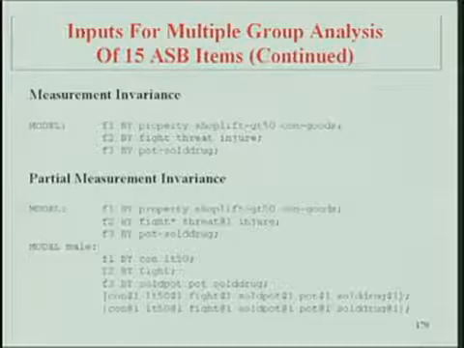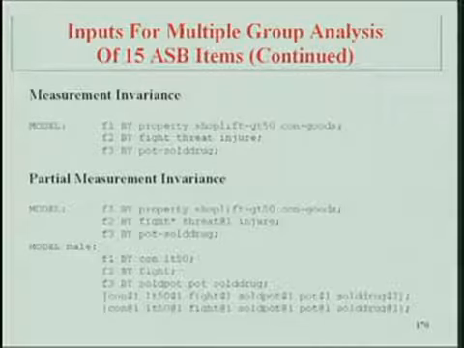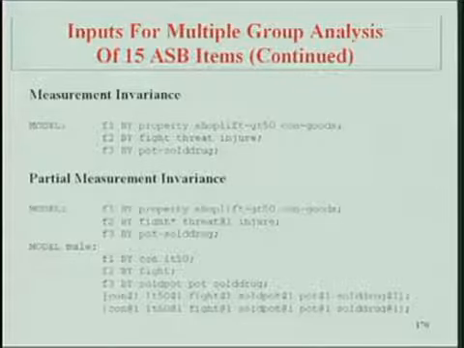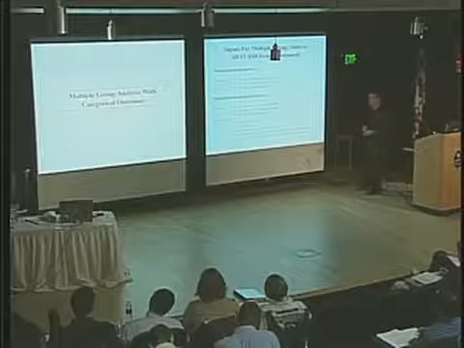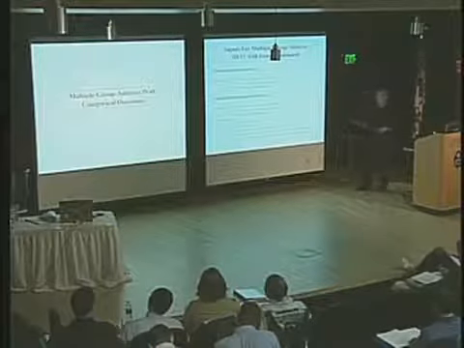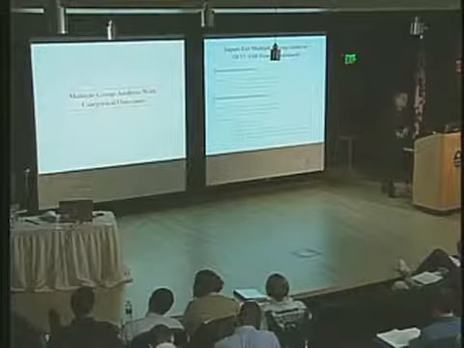These loadings are different for males and for females, and these intercepts are different for males and females. That's how you allow for it. Not all of the loadings, not all of the thresholds are different between the genders, but some of them, based on our analyses.